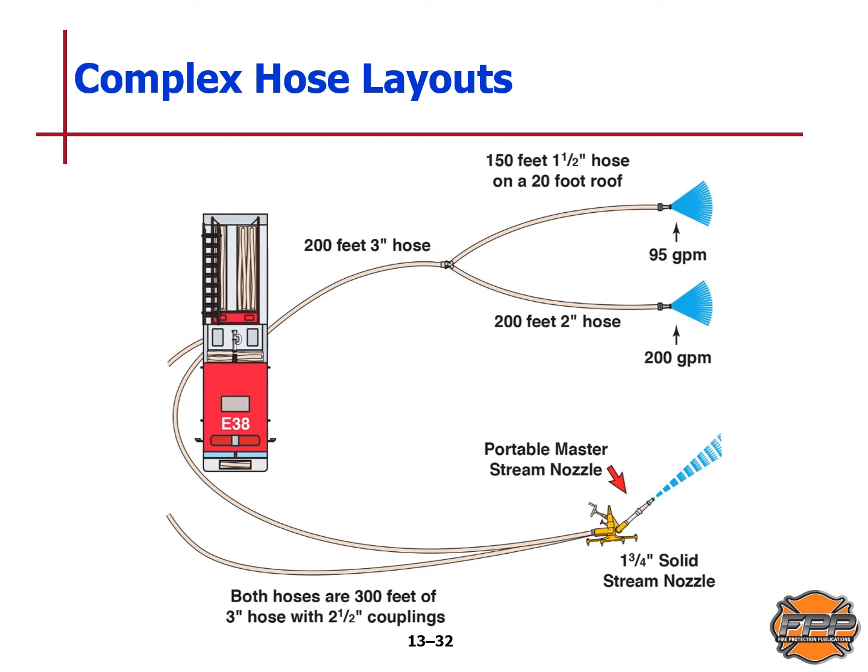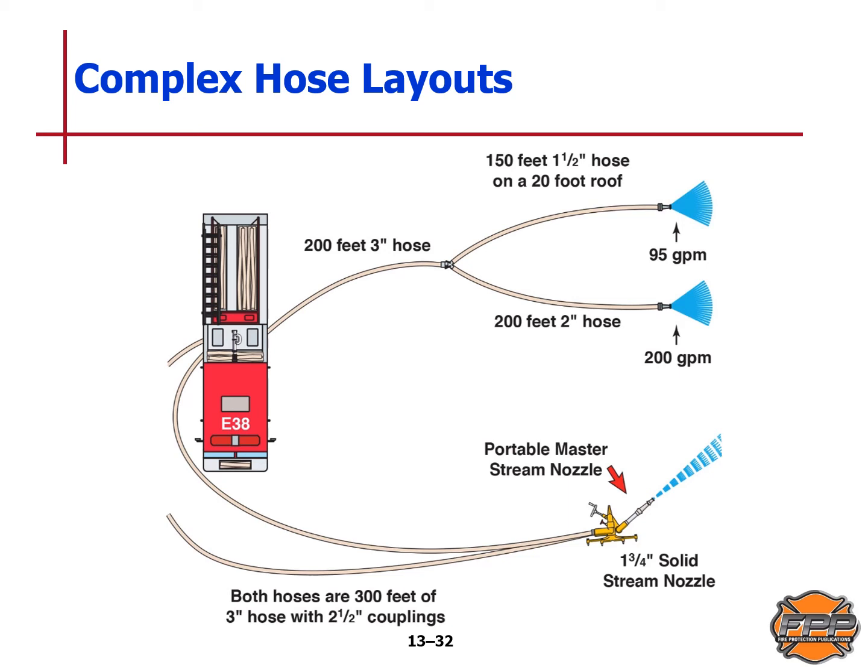This is a layout of exactly what they just described. You've got your pumper with 200 feet of 3-inch hose. There's a Y separation. Off of that, you have 150 feet of 1.5-inch hose on a 20-foot roof at 95 gallons per minute. Then you have 200 feet of 2-inch hose, and it's discharging 200 gallons per minute.